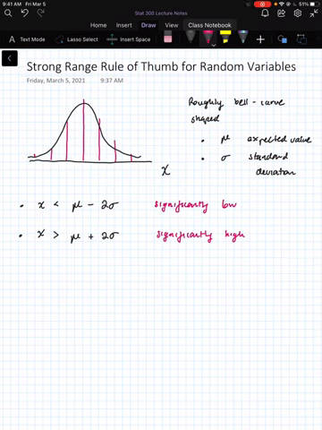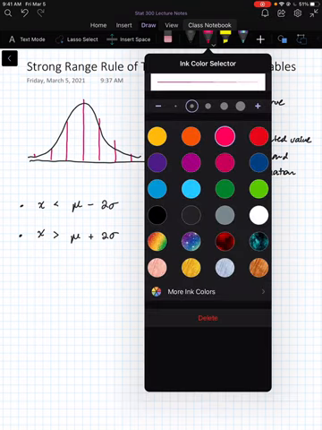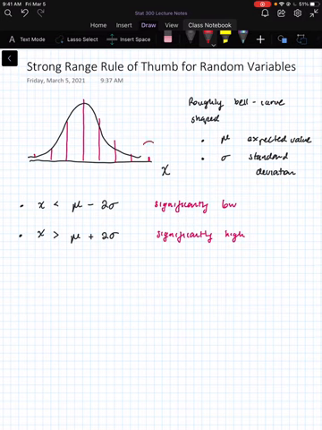So it's possible that we have some outcome represented, for instance, maybe out here, that is then significantly high for this distribution. So why don't we gain some intuition here using the dice roll, the sum of the two dice roll variables.